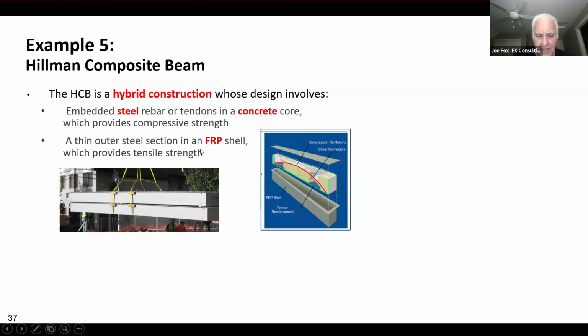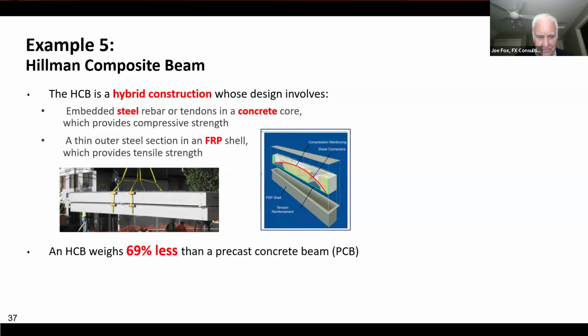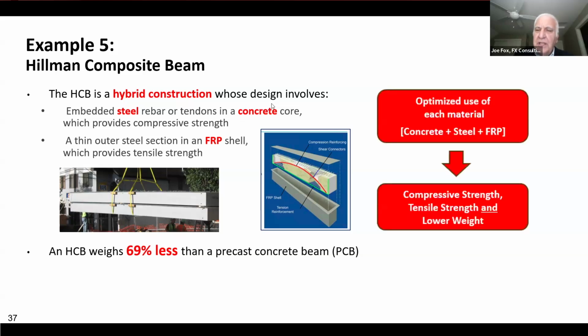And if you take this hybrid material, it ends up that a Hillman composite beam, or HCB, weighs 69% less than a precast concrete beam. So what you've got here is really an optimized use of each material. You've got concrete plus steel plus FRP, and that optimized combination gives you compressive strength, tensile strength, and lower weight.